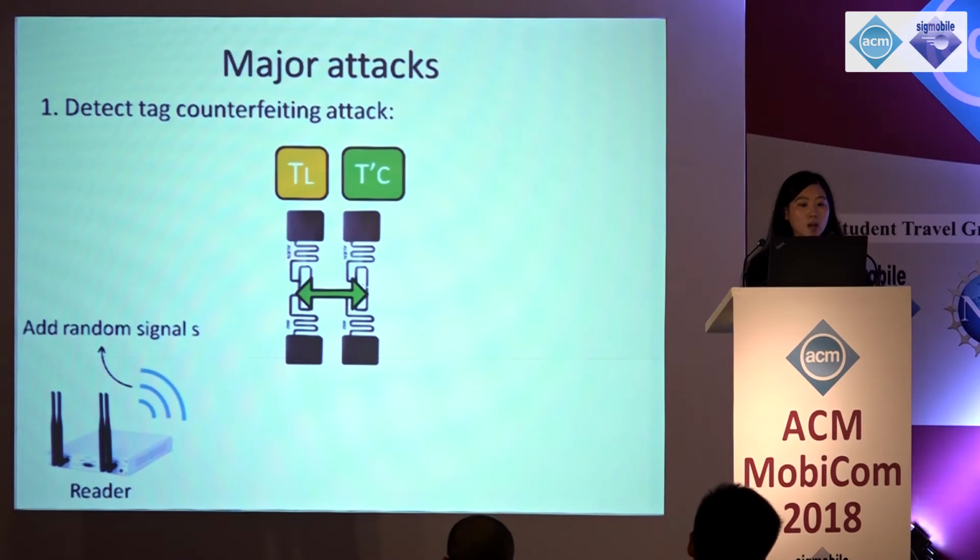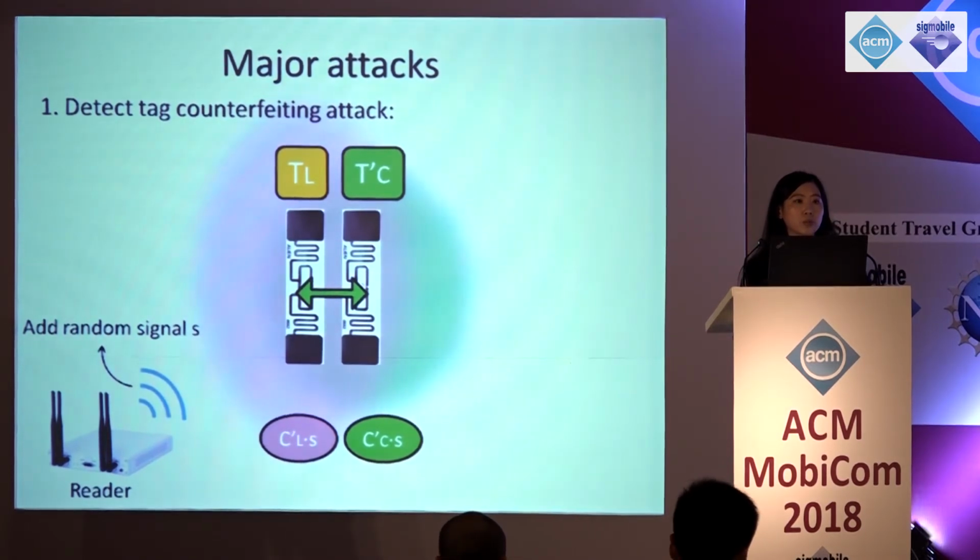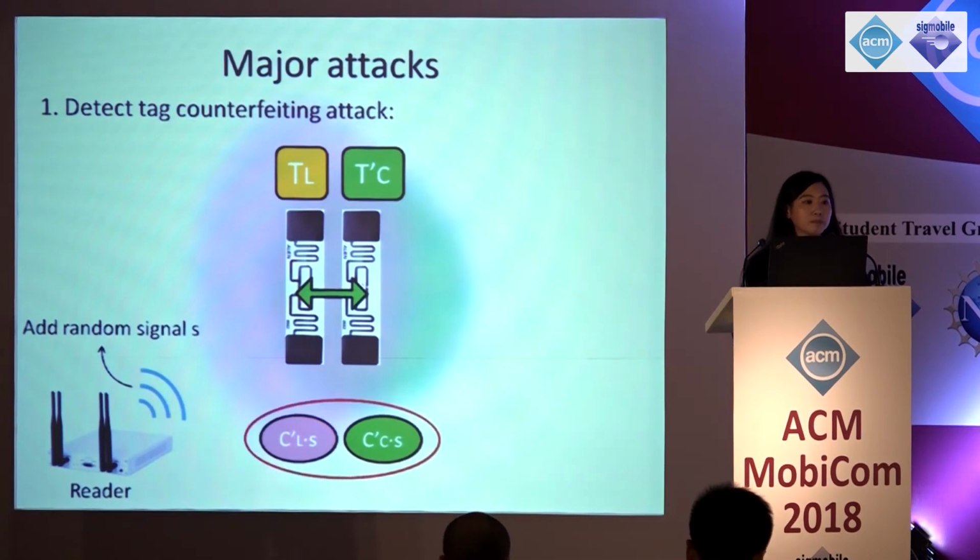Now, let's see how the two mechanisms work in defending against most attacks. First, when an attacker uses a counterfeit tag to cheat the system, say the counterfeit tag T'(C), not only the fake tag but also the left tag signal will show distinguishable differences from the legitimate features.